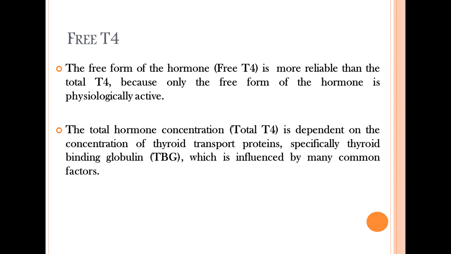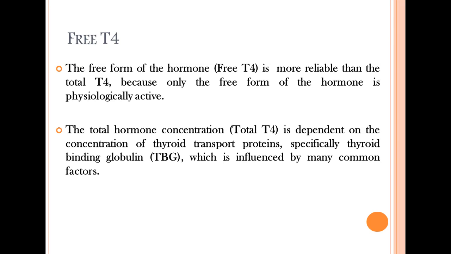If for any condition the level of thyroxine binding globulin increases, it will cause an increase in both the bound T4 and the unoccupied binding sites, but it will not affect the free T4. So in this condition, measuring the free T4 is very important.